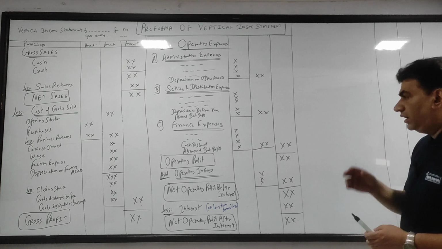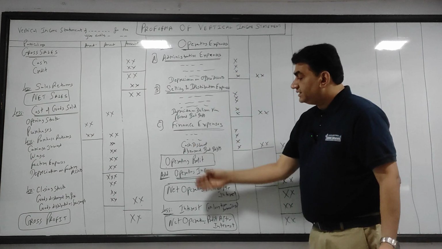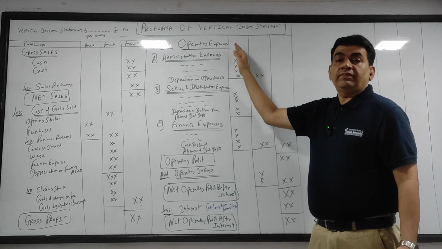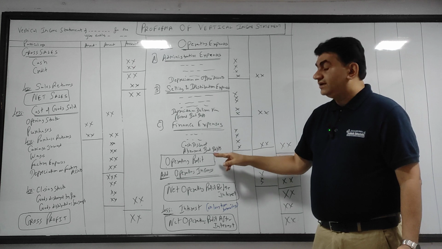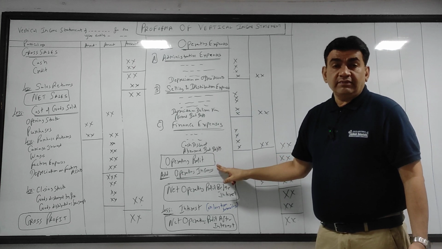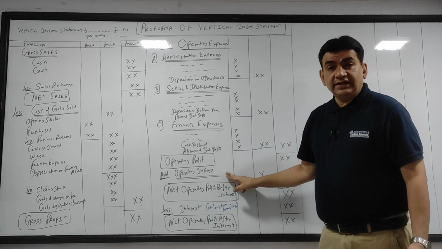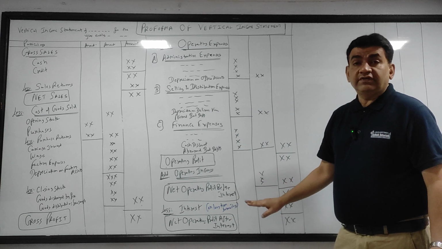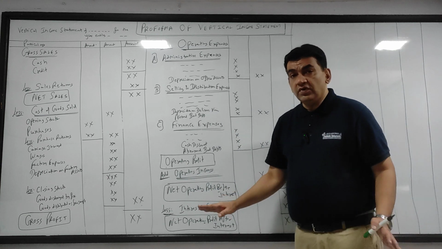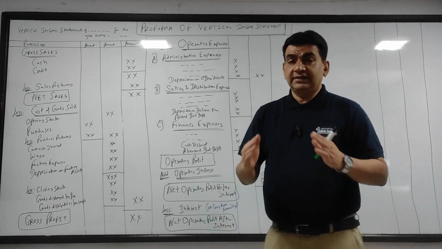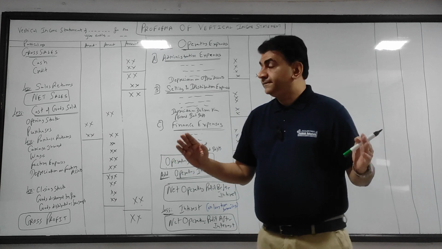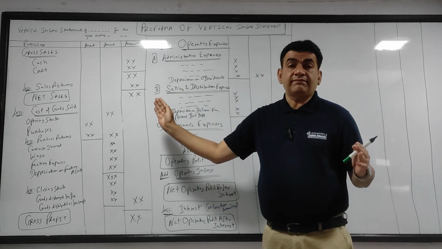Now see, this entire section was related to operating items. To the operating profit, add operating incomes, deduct the interest, that gives you net operating profit after interest. Now I told you some time back, classification operating, non-operating. We are done with the operating part.